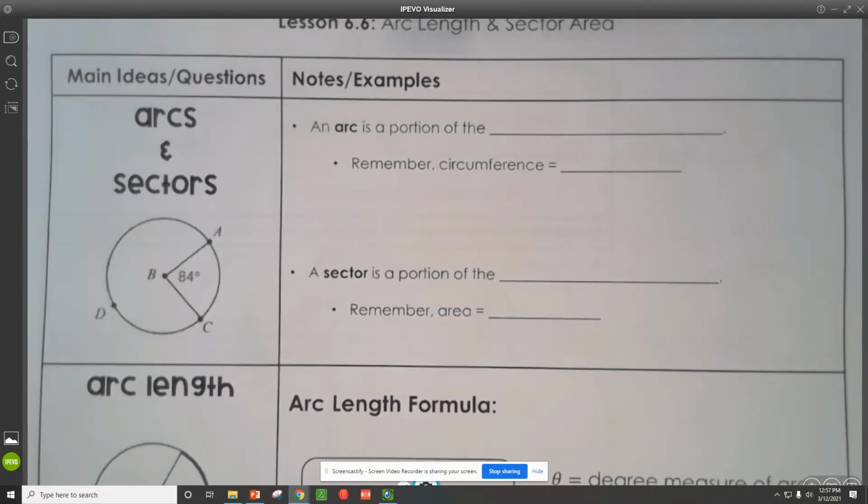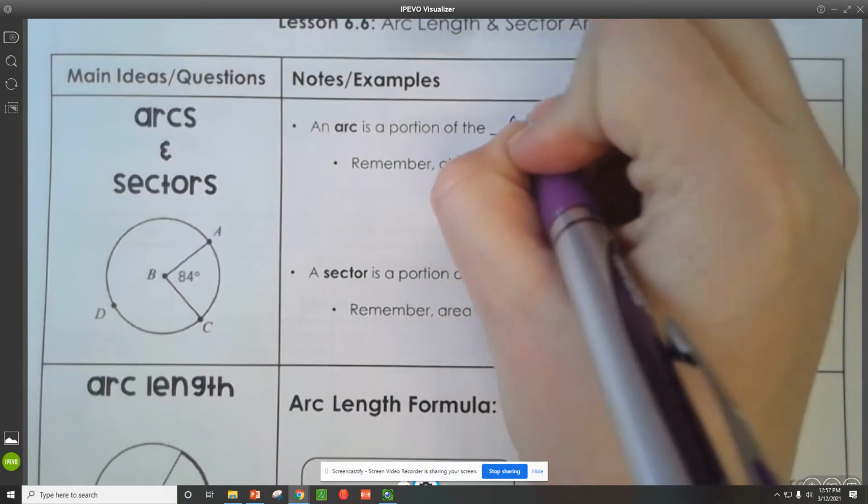Hey guys, in this video we're going to be doing lesson 6.6, which is on arc length and sector area. So an arc is a portion or a percentage of the circumference.